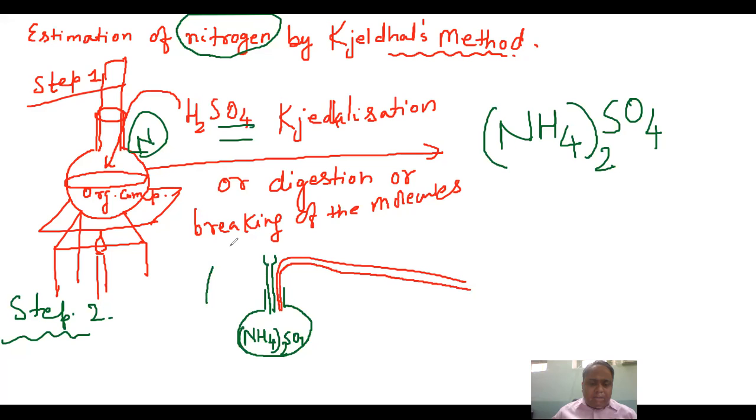So inside this, NaOH solution is put in. As a result, what happens? Ammonia gas comes out. Now this ammonia gas is made to be absorbed in a standard sulfuric acid solution.